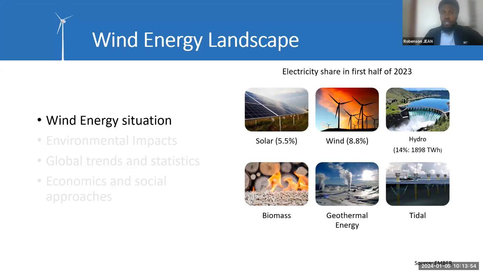So the wind electricity share is increasing, even though this contribution is not sufficient, because the goal is very high in order to reach the 2050 goals for net zero carbon. So it is the situation of wind energy at that moment.